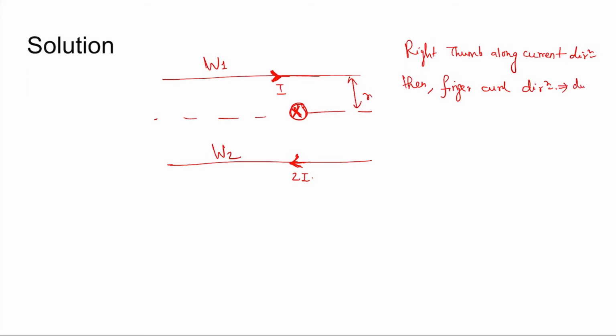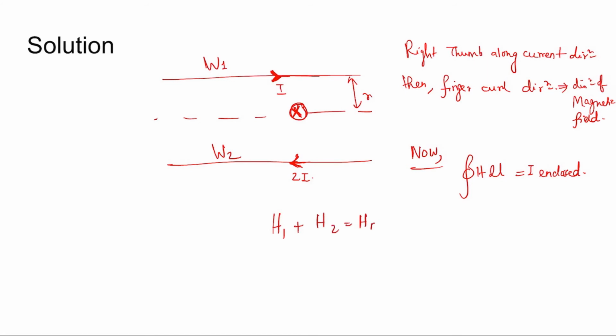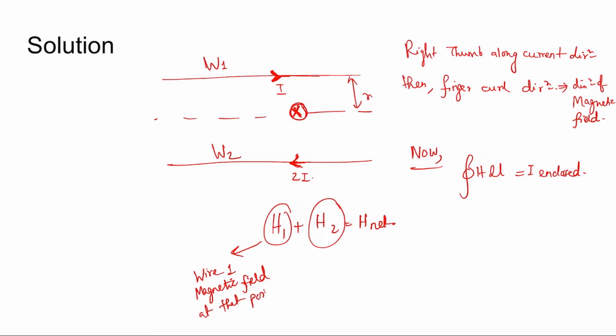So this gives the direction of the magnetic field. Now integral H dl equal to I enclosed. Now H1 plus H2 equal to H net, where H1 is the magnetic field due to wire 1 at that point, this point.